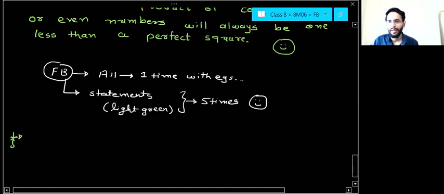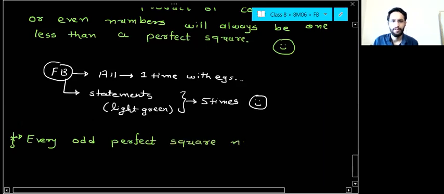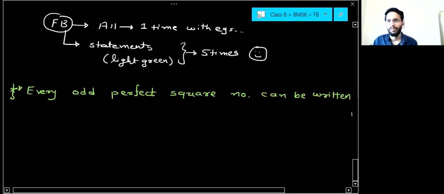See, every odd perfect square number can be written as sum of two consecutive integers.